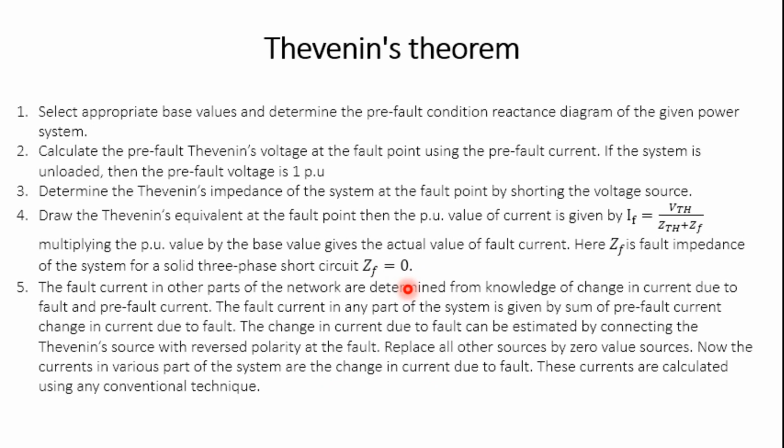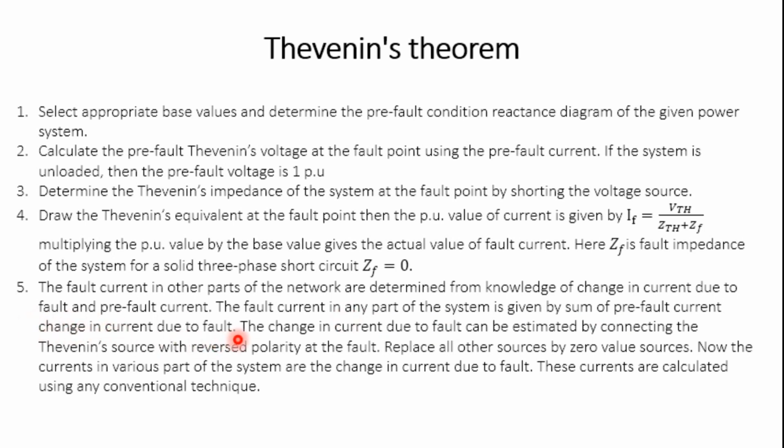Then, coming to the last point, the fault current in other parts of the network is determined with the knowledge of the change in current due to the fault and the pre-fault condition. We have to be careful while selecting this. The fault current in any part of the system is the sum of the pre-fault current and the change in current due to the fault.